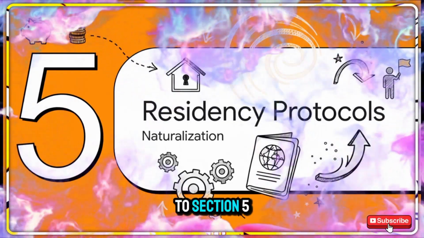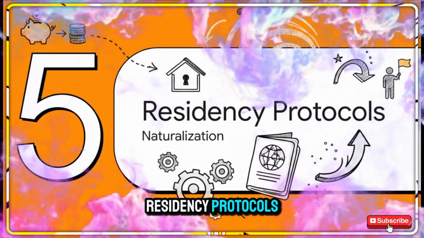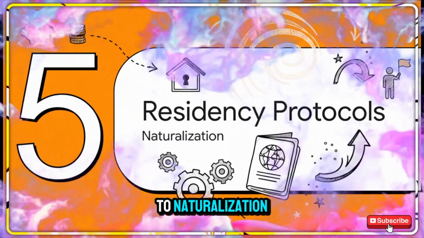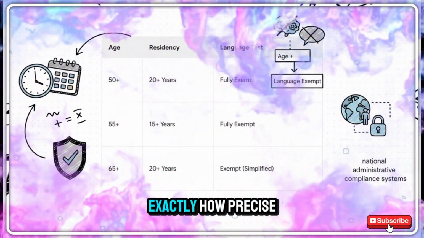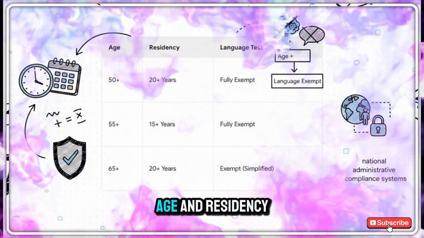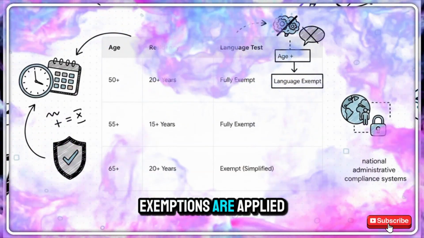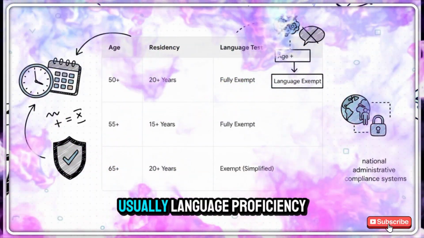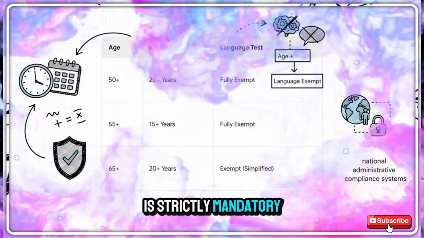That brings us to Section 5, Residency Protocols, specifically the pathways to naturalization. Here we see exactly how precise algorithmic age and residency exemptions are applied to naturalization requirements. Usually, language proficiency is strictly mandatory.